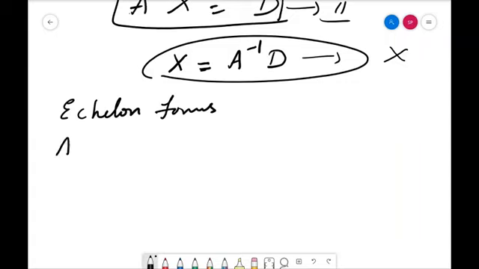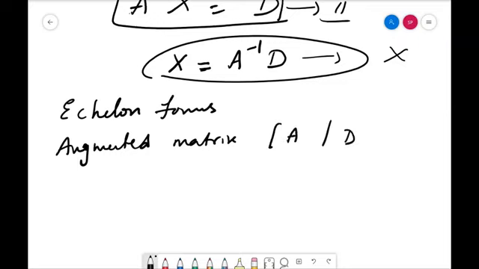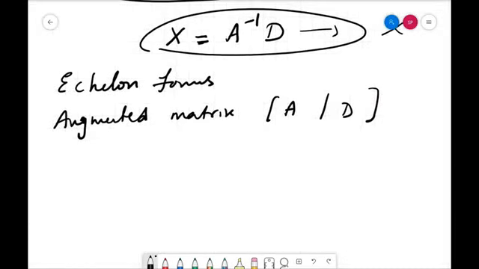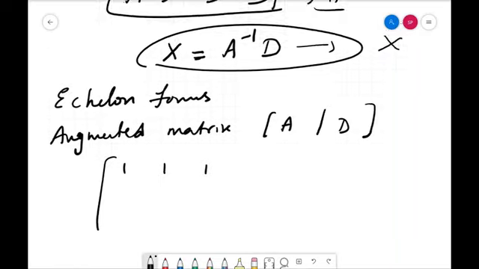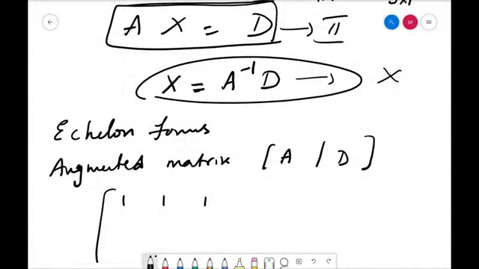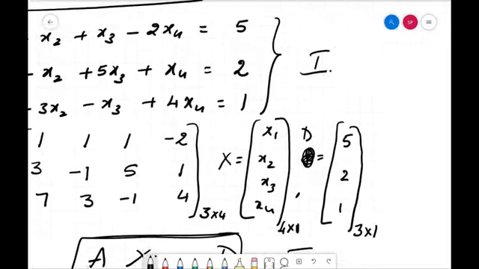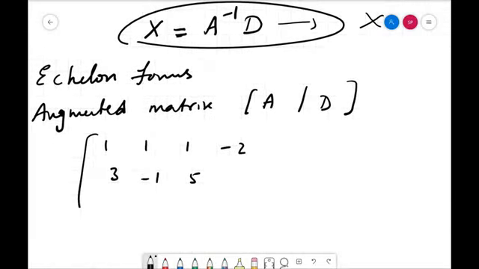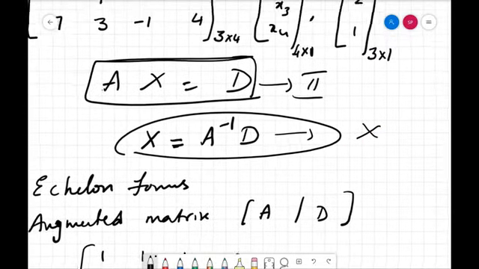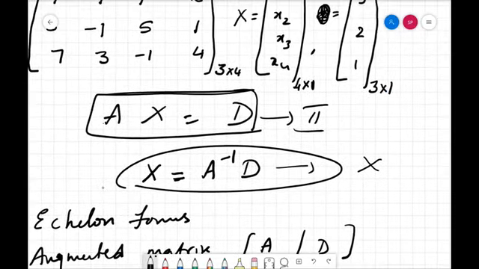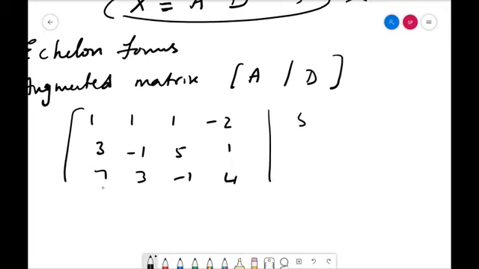We'll write an augmented matrix, that is, it is like this: A, D. I have already here A, so I have 1, 1, 1, minus 2, then 3, minus 1, 5, 1, and then 7, 3, minus 1, 4, this is A, and then I have here 5, 2, 1.